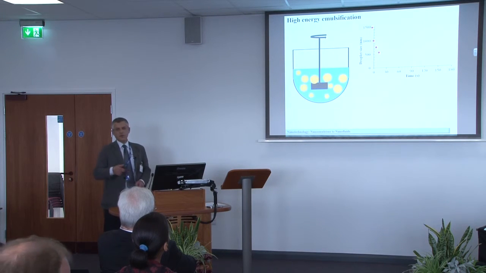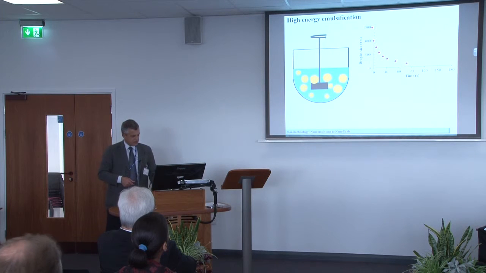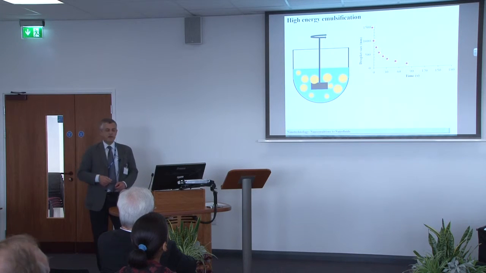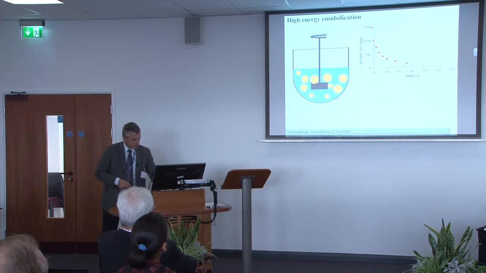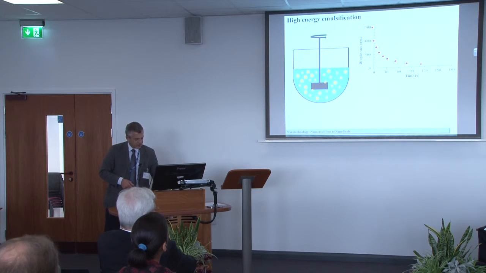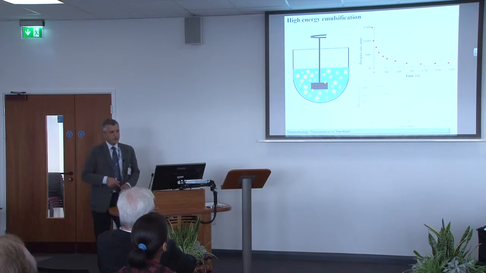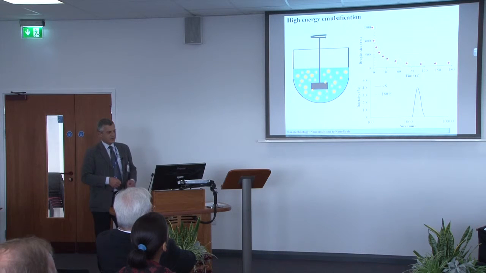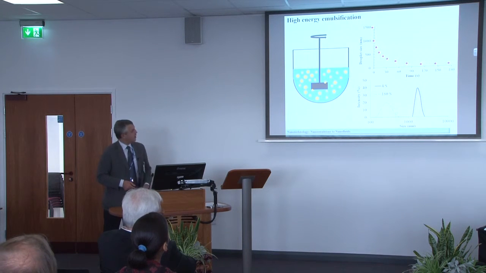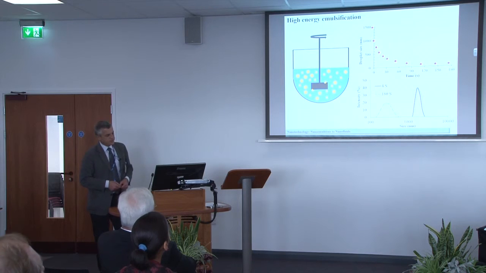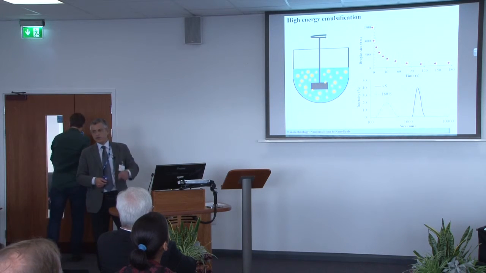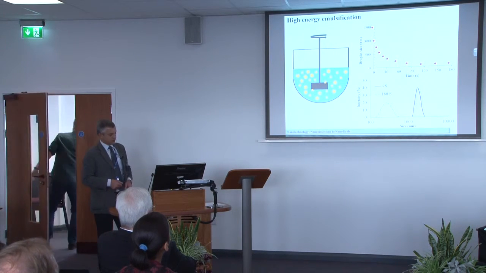This is the type of droplet that you will produce in the system as a function of the energy you apply. If you use a spoon, you'll produce certain droplet size. If you use a homogenizer, you'll produce different, and this is what you will see, the droplet size distribution from nano to micro emulsion.